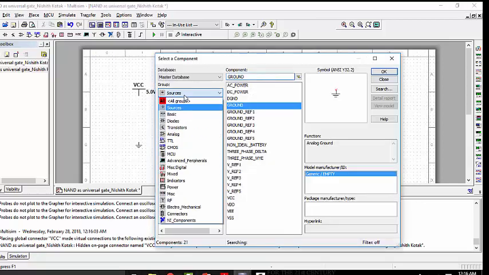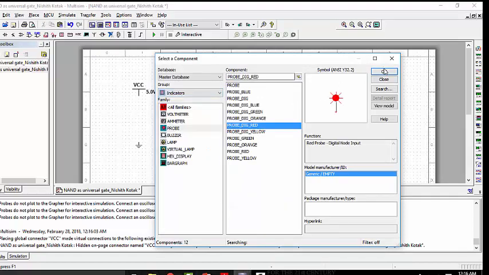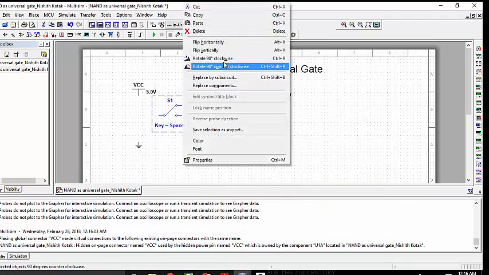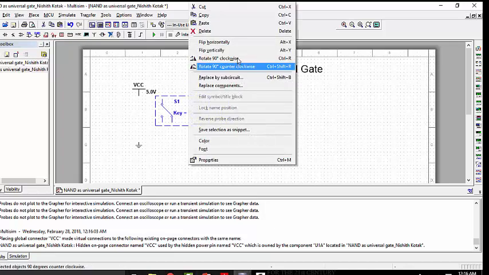And for the indication of my output, I will be taking an indicator probe. I will be rotating this switch for simplicity.